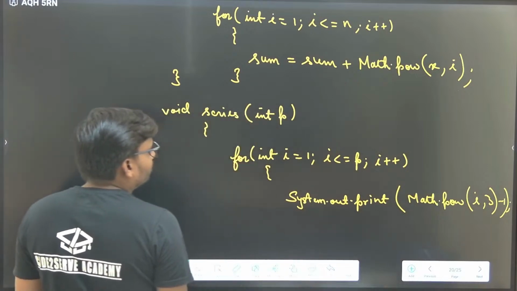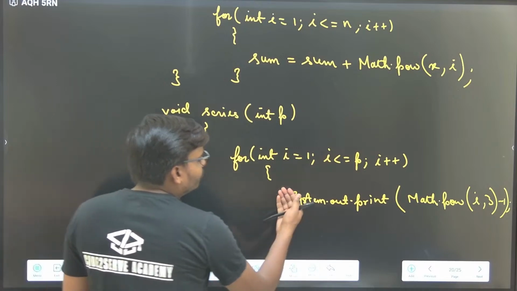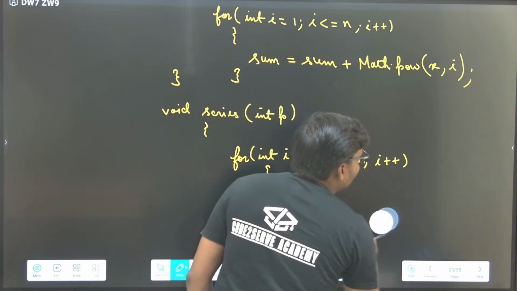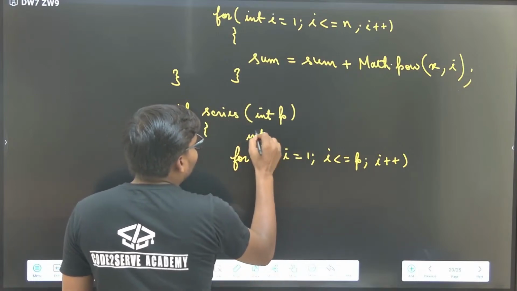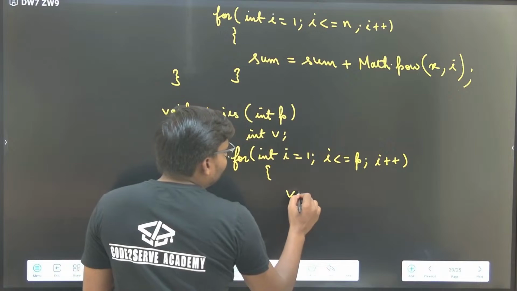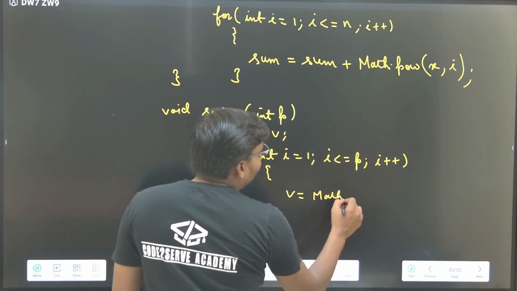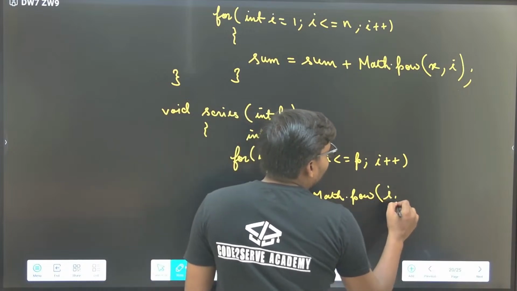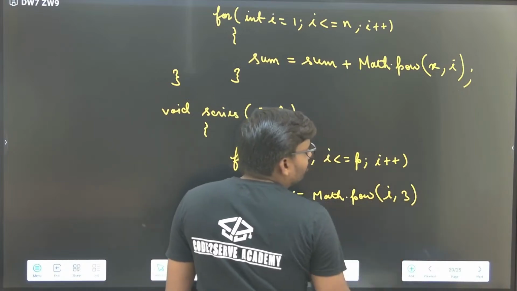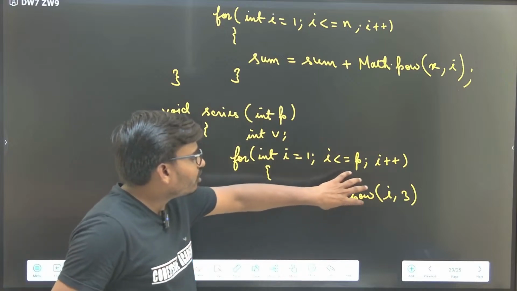Okay, all right. So if you are getting confused, we can first store that value. Suppose int v, and we can say v is equals to math dot pow, we can say I comma 3. All right. So the first value is I comma 3, that you got.